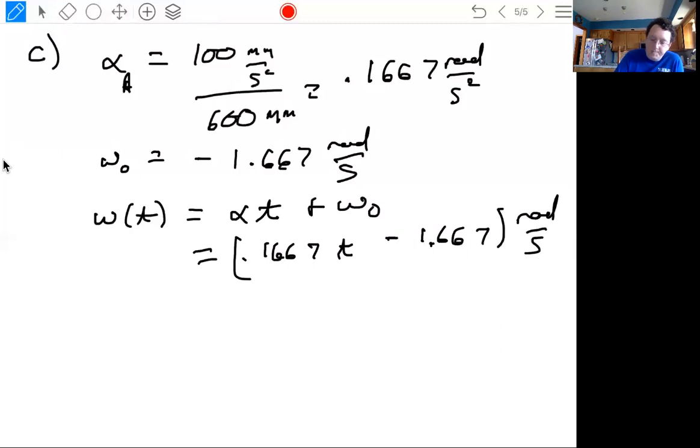Type it all in. Great. Next up, we need to find delta theta. So delta theta is simply going to be, well, there are lots of ways you can do that.